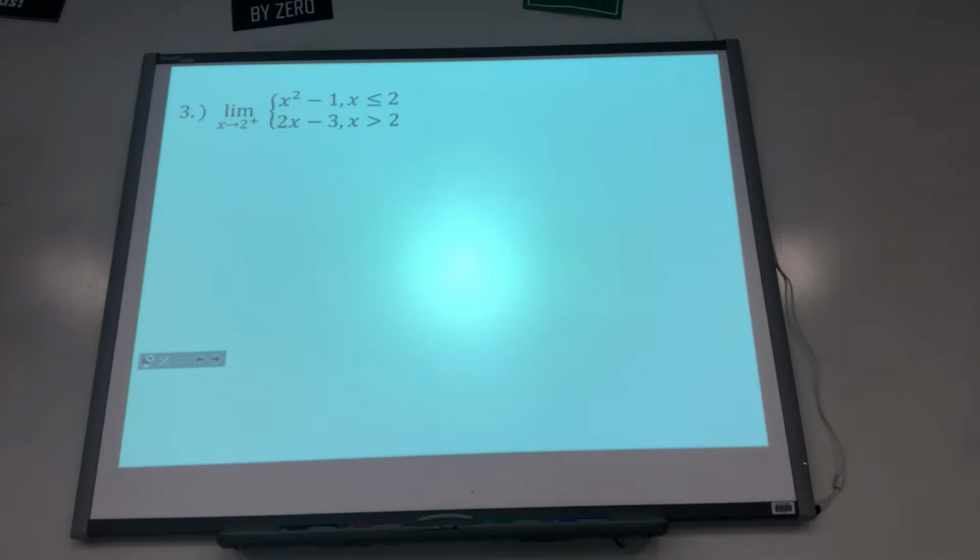This is number 3, and it is a piecewise function. I'll give you a couple minutes here just to write it down. Kind of complicated looking.